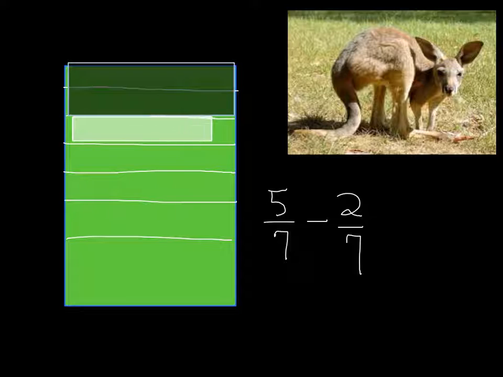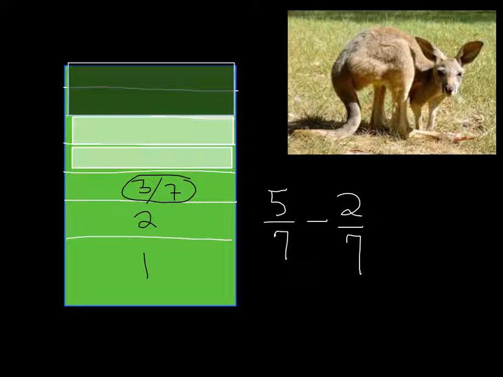So I'm going to go 1, that one's gone, and 2, this one you have fed as well. And what does that leave us with? Well, that's going to leave us with 1, 2, 3, but these are how many parts? 1, 2, 3, 4, 5, 6, 7. So that leaves us with 3/7 of the bag left.